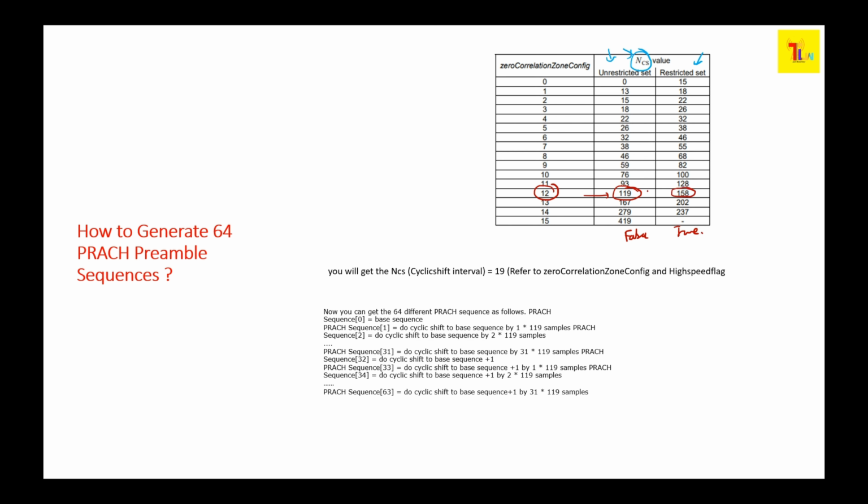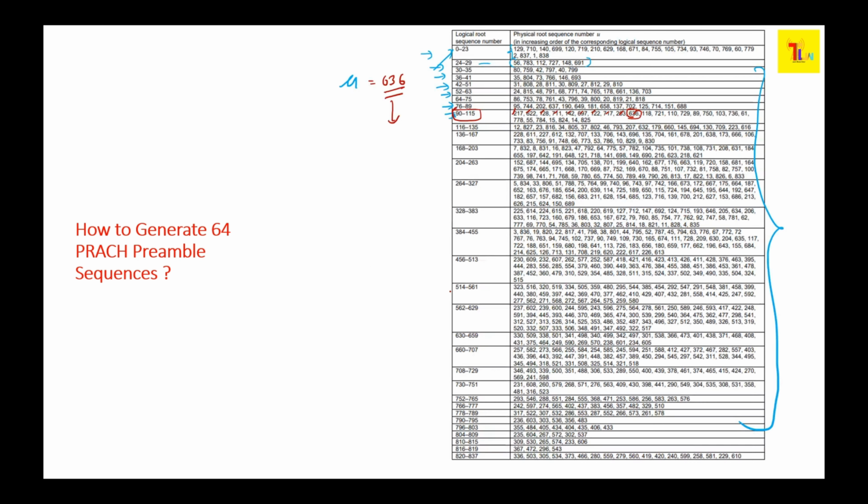So 119, what exactly is it telling? 119 is telling that this NCS is the cyclic interval. It is telling that now you can get 64 different preamble sequences, considering this as the base sequence, which we have already got.